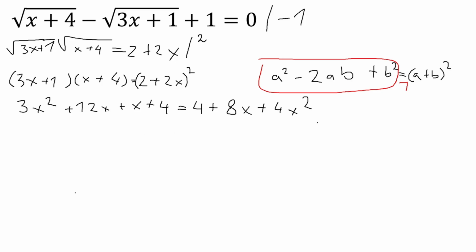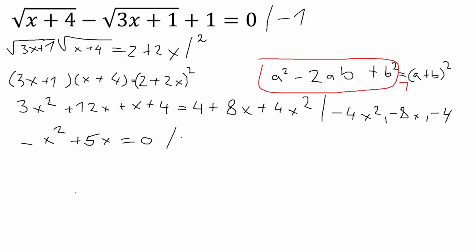Now we're going to want to have all of our terms on the left side and 0 on the right side, because we can already see that it's going to be a quadratic equation, which will be rather easy to solve. So we subtract 4x to the power of 2, minus 8x, minus 4. So that's negative x to the power of 2, then 12x plus x is 13x, minus 8x is plus 5x, equal to 0, because 4 minus 4 is equal to 0.